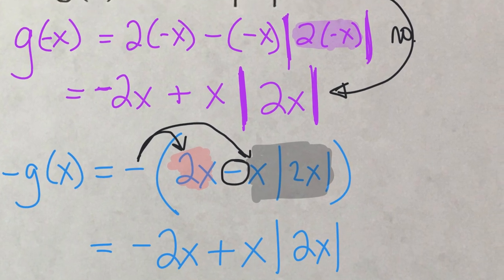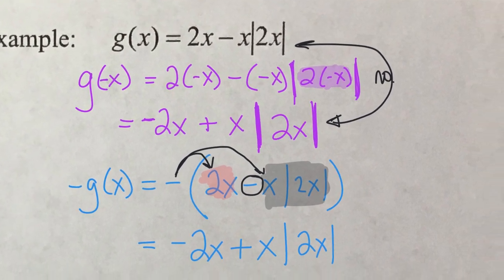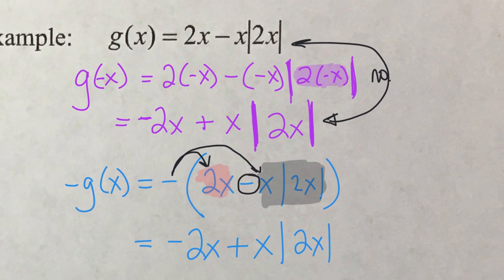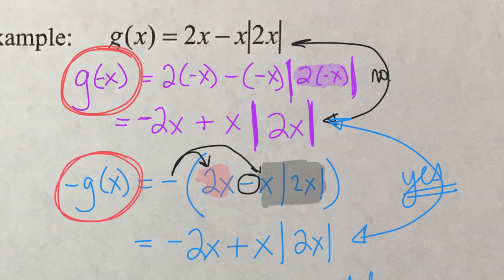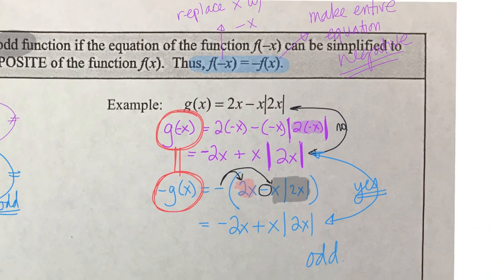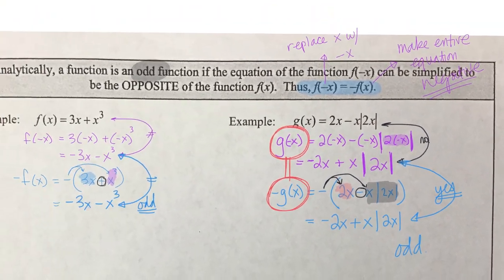You just distribute to every single individual term. Now we compare. Is the purple equation the same as the blue equation? Hopefully you know that yes, it is. So our function is odd, because replacing x with negative x and making the entire equation negative do the same thing. That's how we decide if it's an odd function.